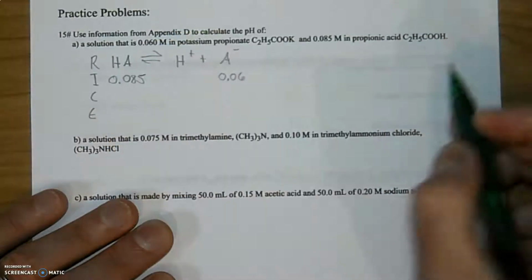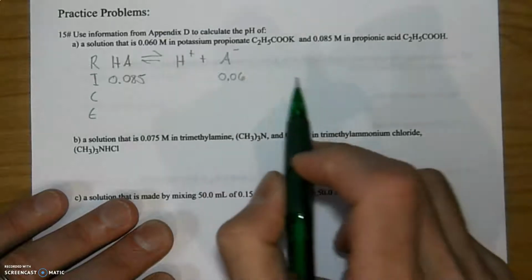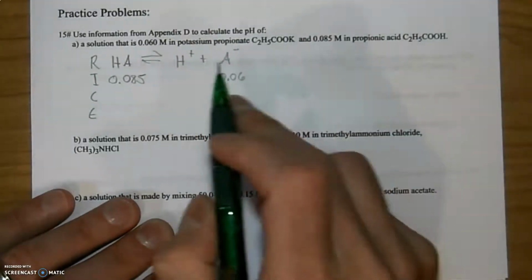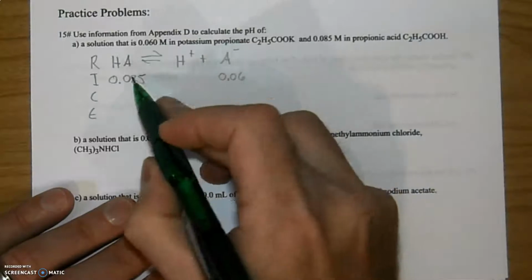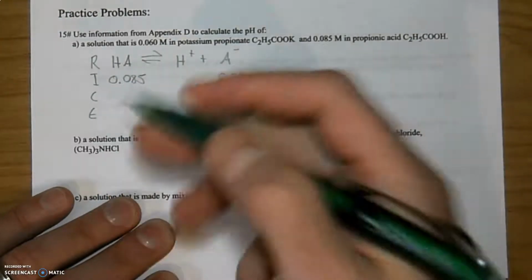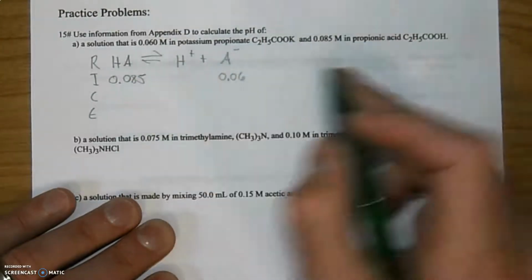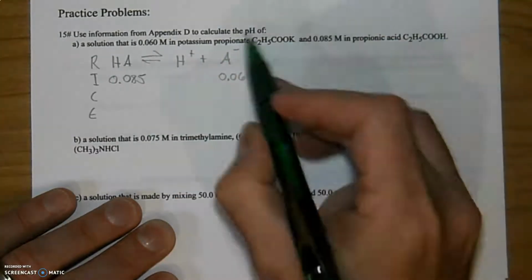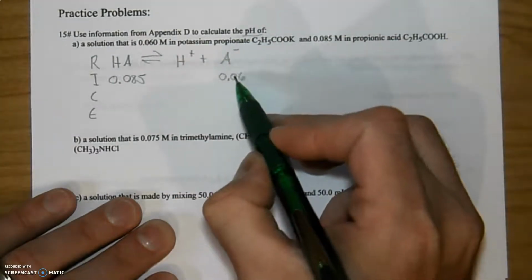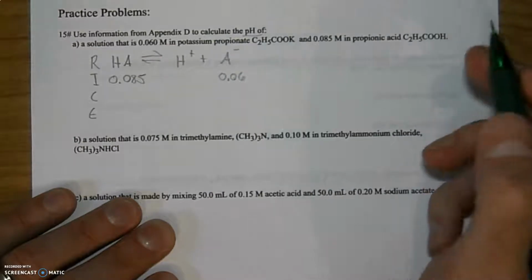So again, here we have a common ion that's been added. Normally in the previous couple of chapters, specifically 16, you would have been given an acid and you would figure out how it dissociates and get the pH for it. We are still asking for the pH, but with a common ion present.